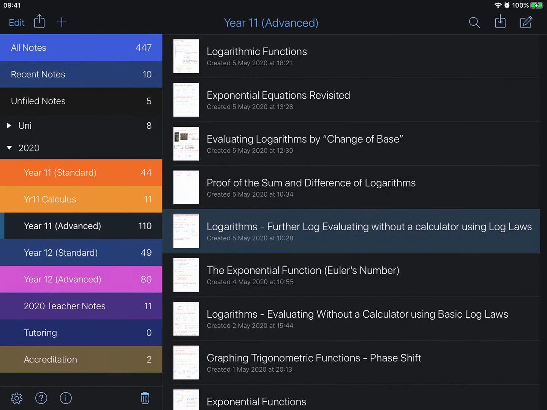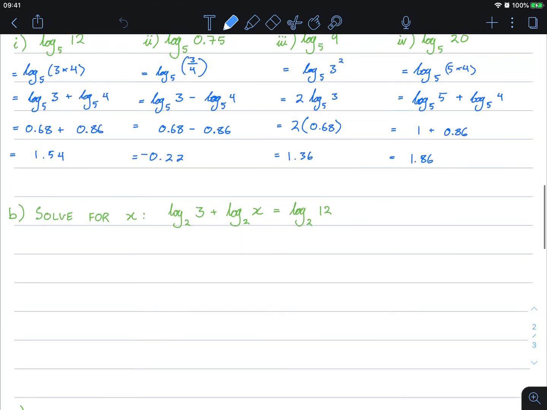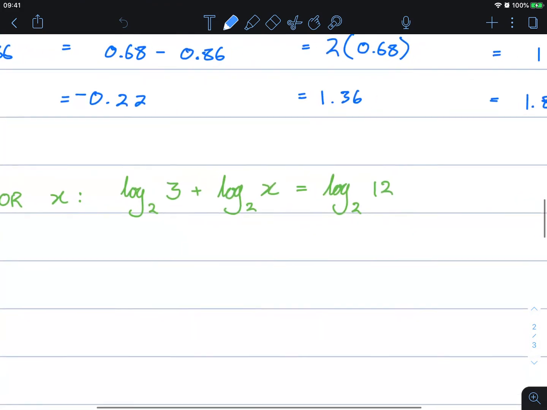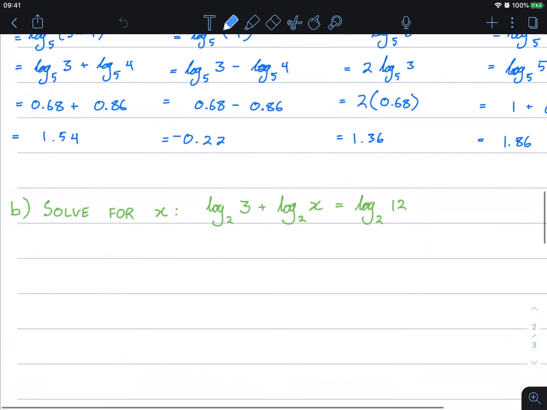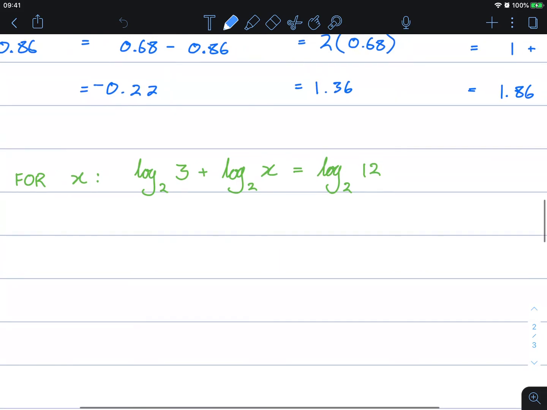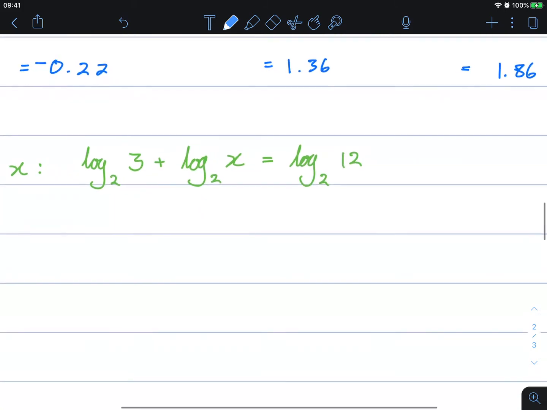My screen's freezing up. Let me go back and forth. All right, so let's solve now for x in this example here. So this is not related to the previous one. In this case, log base 2 of 3 plus log base 2 of x should equal log base 2 of 12.